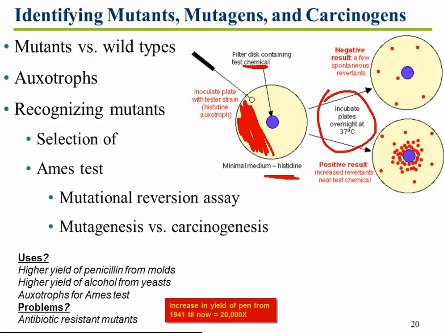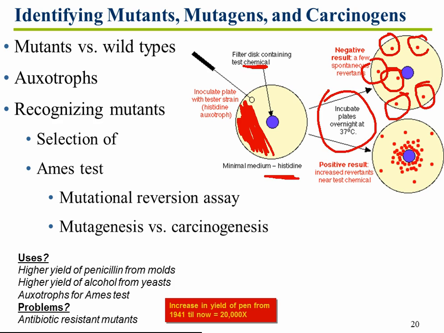So, when you inoculate it and you incubate it, you might get some spontaneous mutants here. Remember that bacteria produce mutations spontaneously about once every 10 to the 8th base additions. But there's really not any significant amount of the growth of bacteria.